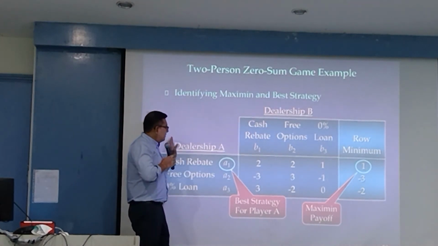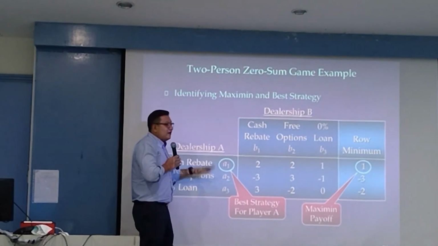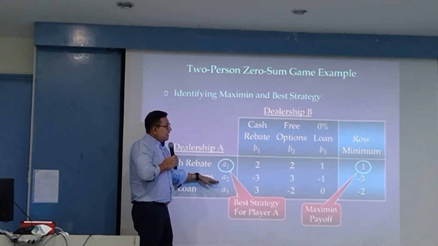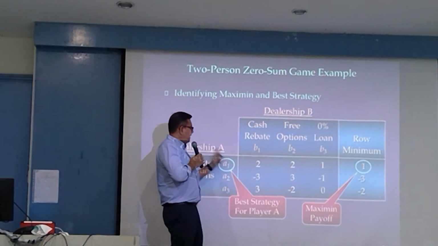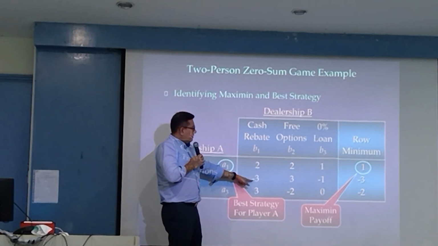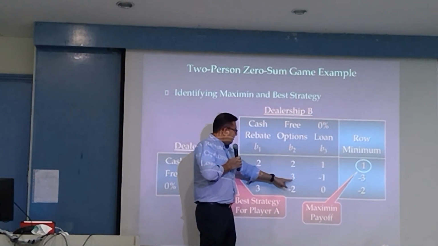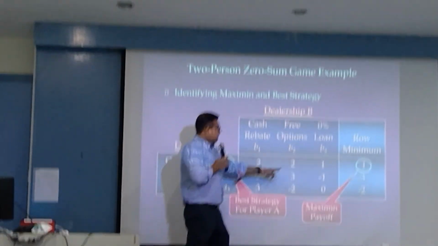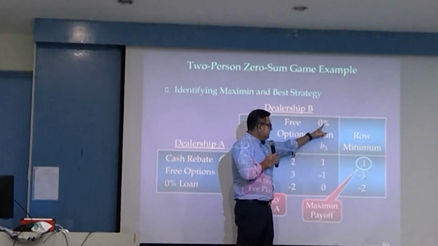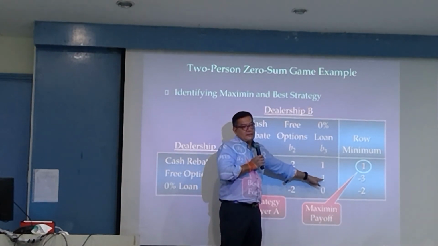For dealership A, if they select the second strategy A2 and dealership B selects the cash rebate, A loses 3%. If B selects strategy B2, A gains 3%, and if B selects strategy B3, A loses 1%.